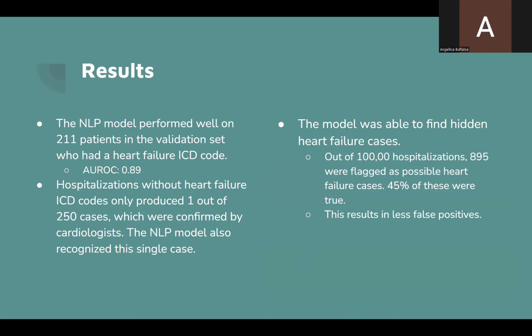The NLP model also recognized this single case. The model was able to find hidden heart failure cases. Out of the 100,000 hospitalizations, 895 were flagged as possible heart failure cases, and then it was found that 45% of those were true. This results in fewer false positives when using this model.